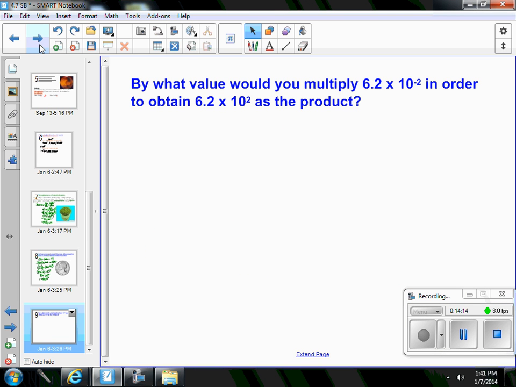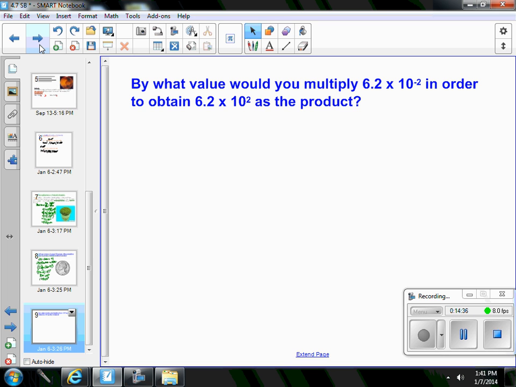In our last example, by what value would you multiply 6.2 times 10 to the negative 2 in order to obtain 6.2 times 10 to the second as a product? Think about place values.